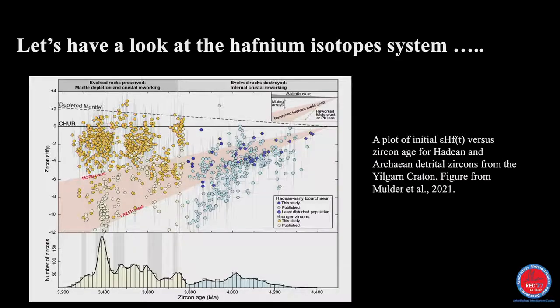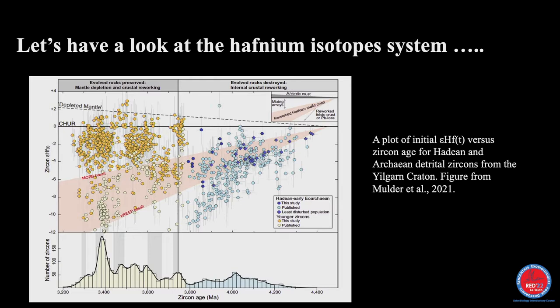We have melt for TTGs. And if zircons crystallize within TTGs, we will have pieces of information about the environment. So if you look at the first population of data, you may tell, okay, this is a very short path.